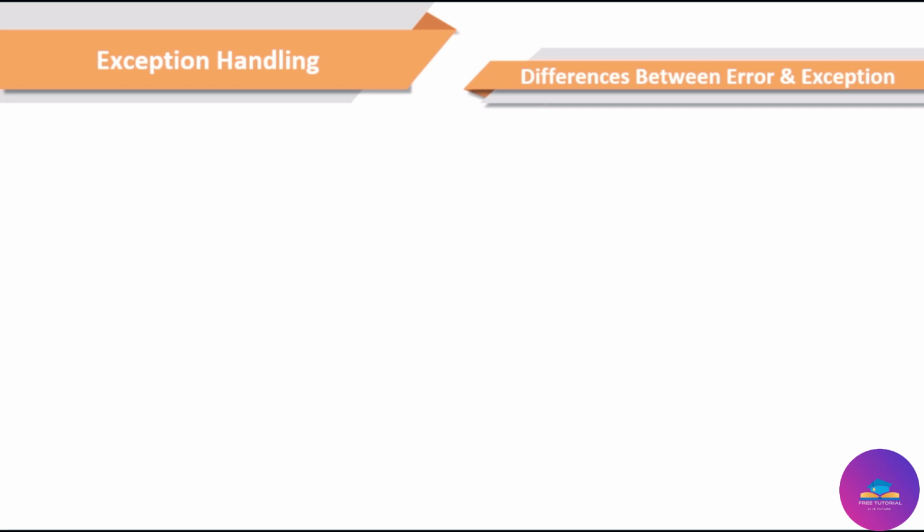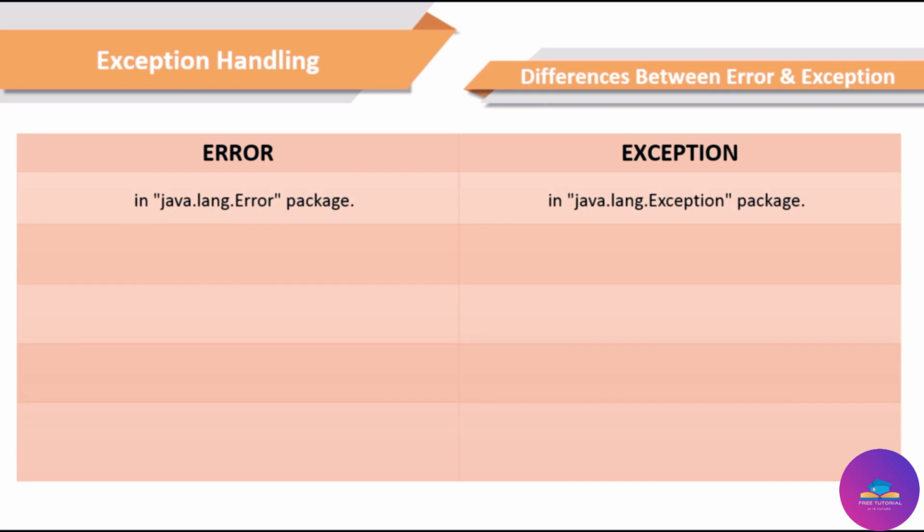So let's have a look at these differences between error and exception in the table. So as you can see here on this table, in Java, errors are defined in java.lang.error as a package, and exceptions are defined in the package java.lang.exception. So an error is caused due to a lack of system resources, right?